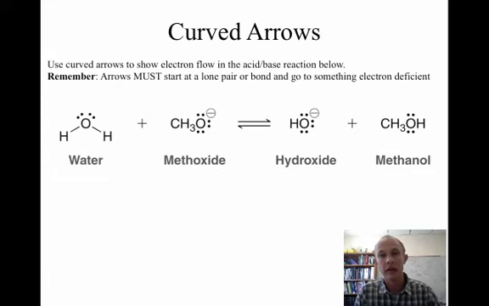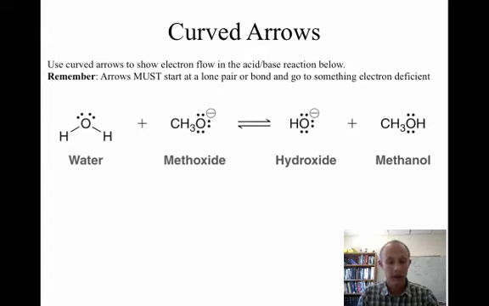What we're going to do in this class, which is probably going to be new to you, is use curved arrows to depict how the electrons rearrange themselves. In organic chemistry, what we're concerned with is bonds, and in reactions, bonds are rearranging. Bonds are composed of electrons, so arrows help us keep track of where the electrons were in the starting materials and where they end up in the products.